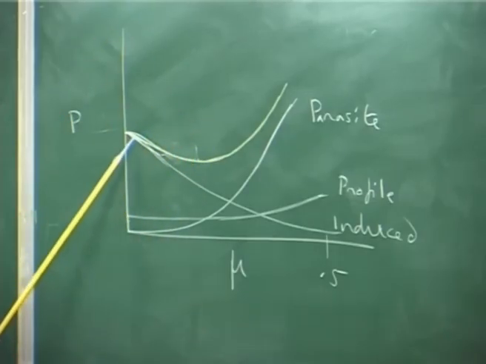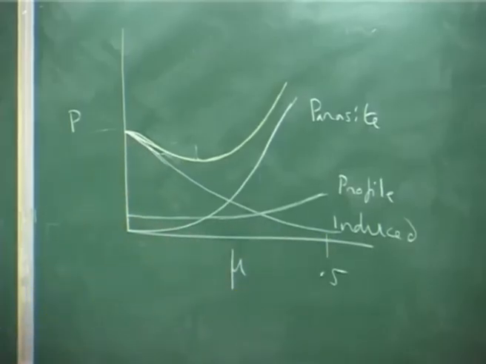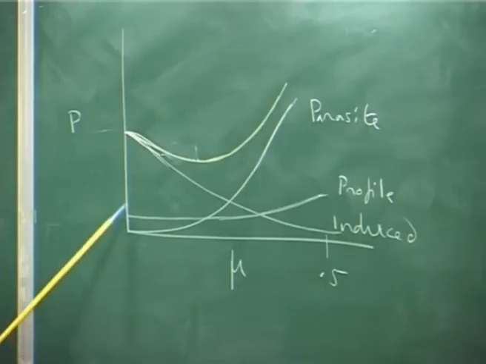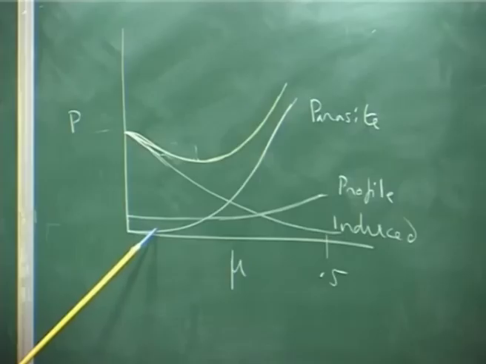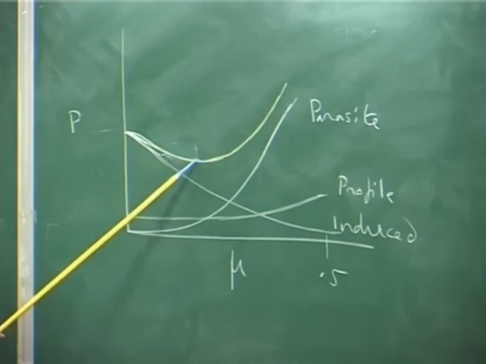That is because induced power decreases drastically, but the increase of profile power is not too much. The parasite power will start picking up only after some speed. So, you have a minimum power at some particular flight speed.